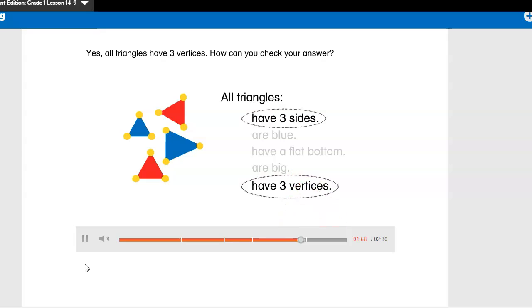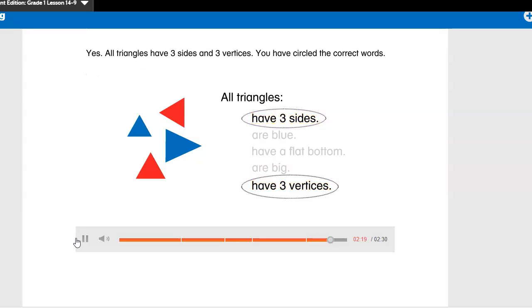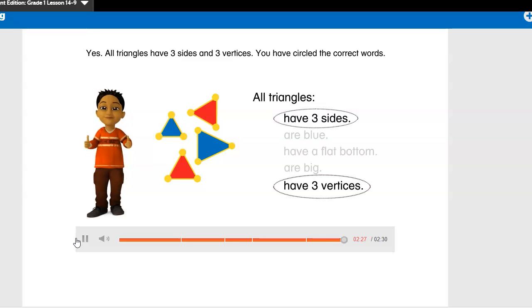Yes, all triangles have 3 vertices. How can you check your answer? You can check your answer by reading the sentences again to see whether they match the shapes and what you know. Are the sentences you circled true for all triangles? Yes, all triangles have 3 sides and 3 vertices. You have circled the correct words. Great job!